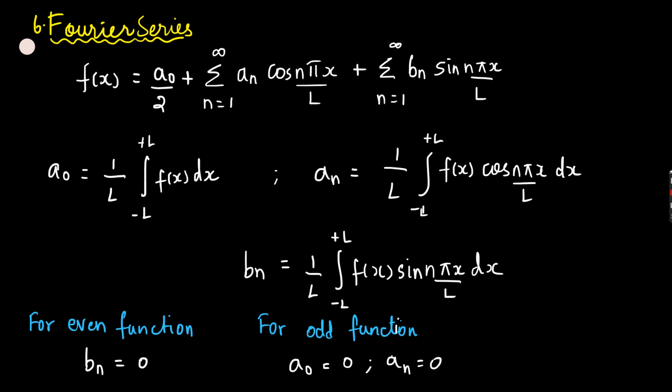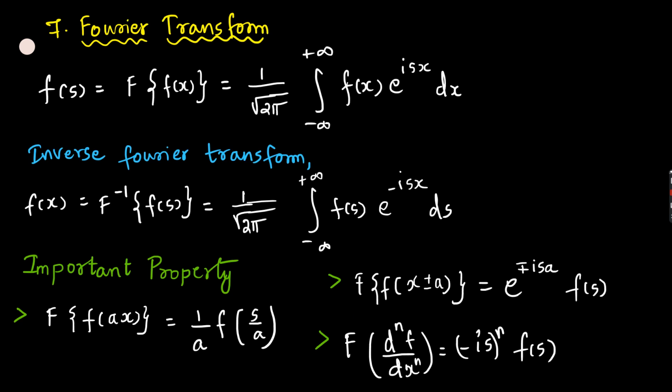If the function is even, you can take bn to be 0 and directly find a naught and an. And if your function is odd, then you only have to find bn, and a naught and an will be 0. That is the basic thing that you have to find. Other than this, it is a very easy topic where you just have to put in your function and integrate. That's all.